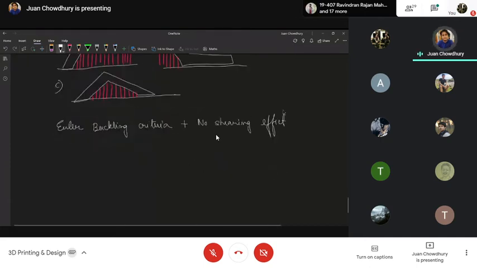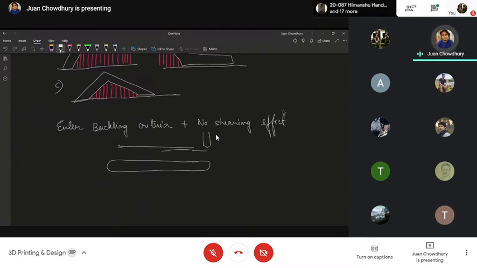What is the shearing effect? Say you have deposited one layer of material which is gradually solidifying, and as you move the extruder from one end to the other and start depositing, this particular shearing effect takes place. It tries to have a constant flow over here, and this is something that we would like to avoid.